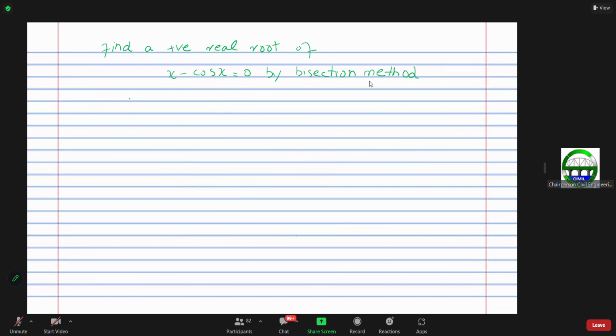Note that it should be correct up to 4 decimal places between 0 and 1.